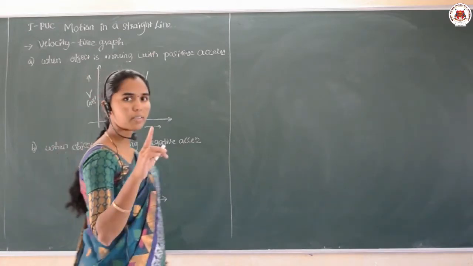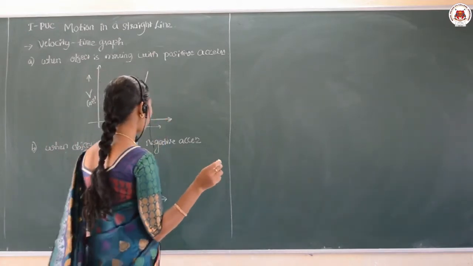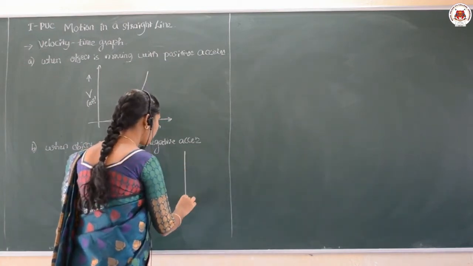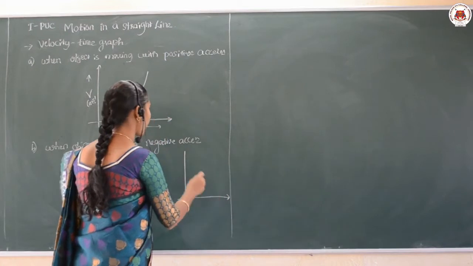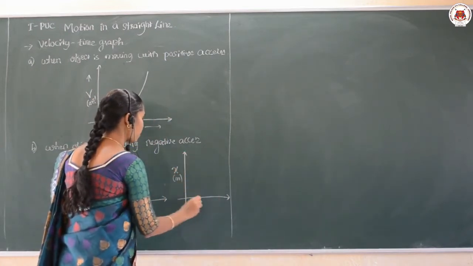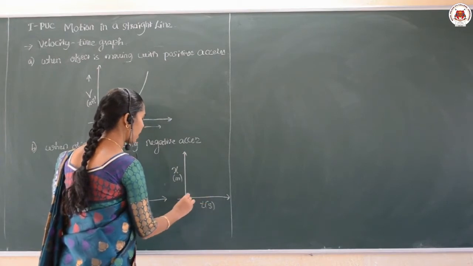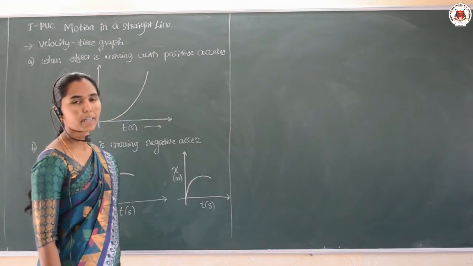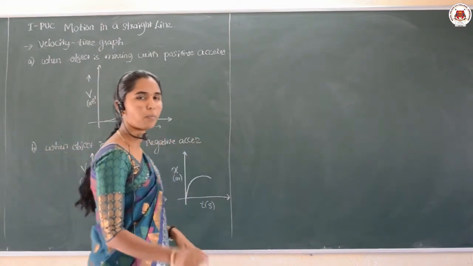And see dear students, in the previous video there is a small change. When an object is moving with a decreasing velocity, the position time graph should be shown like this only. But yesterday's diagram, I hope you will make a small change.